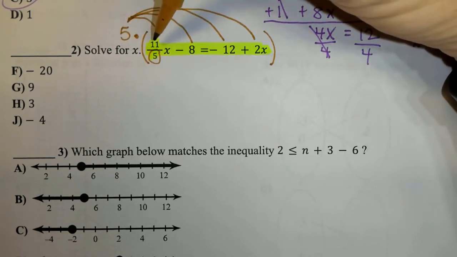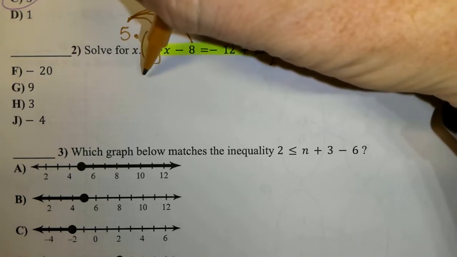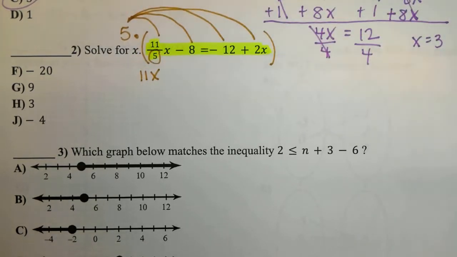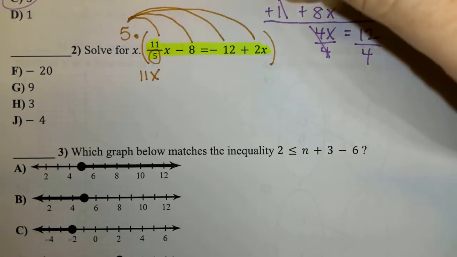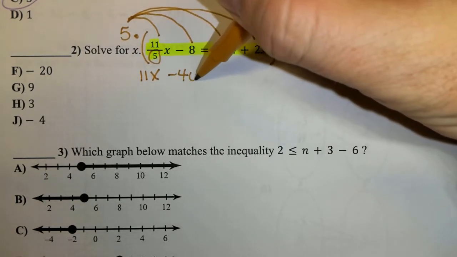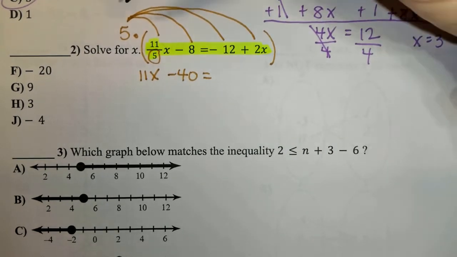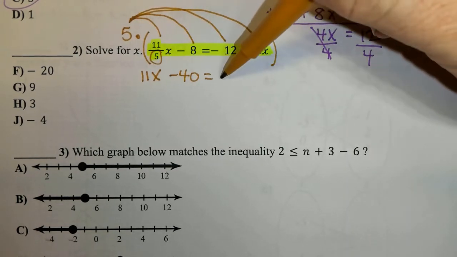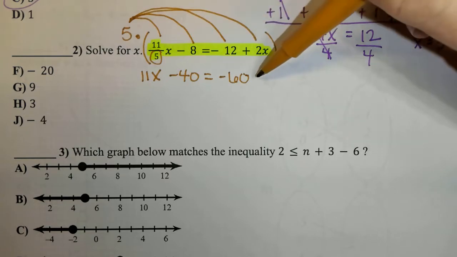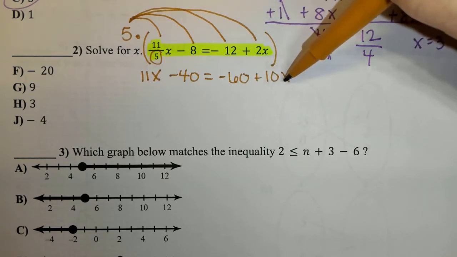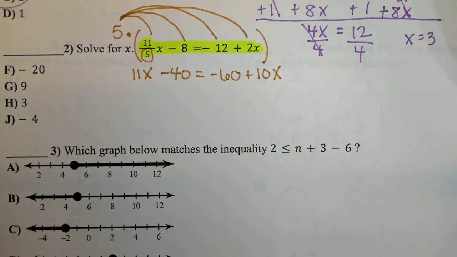So I do 5 times 11 over 5x, which gives me 11x. And then 5 times negative 8 is negative 40. 5 times negative 12 is negative 60. And 5 times 2x is 10x. All right.